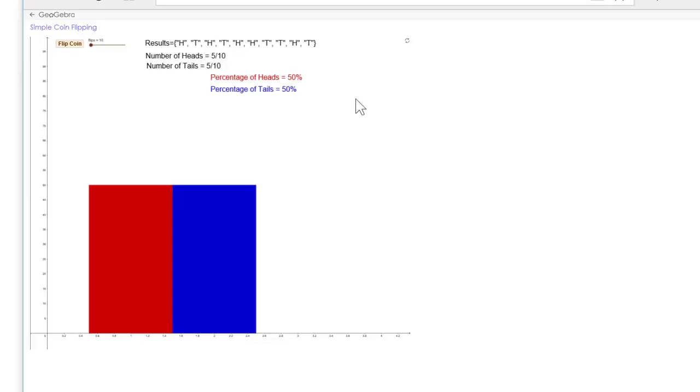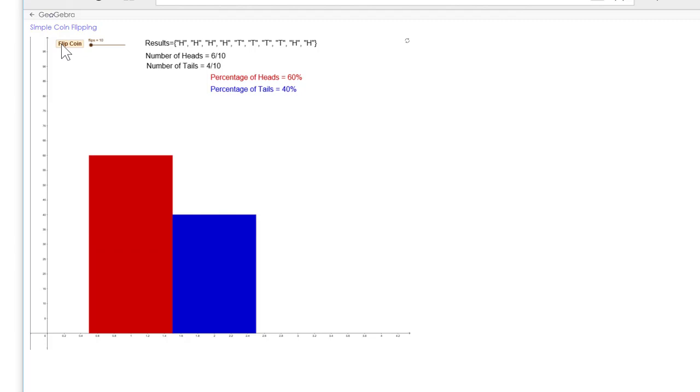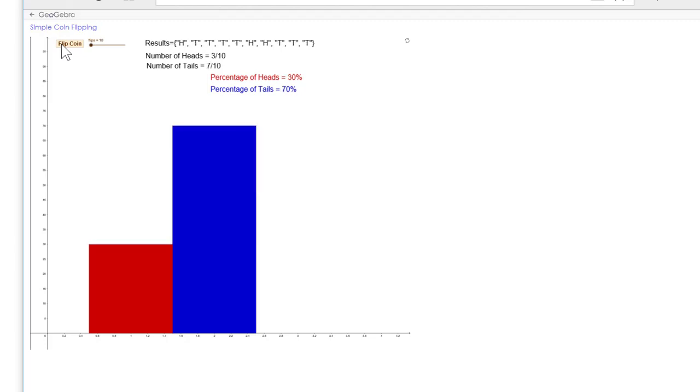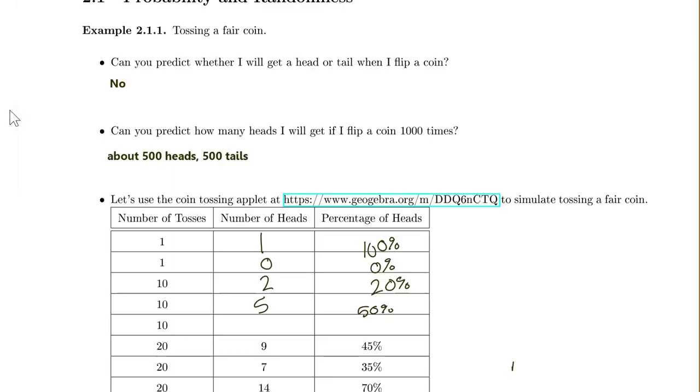And one more time. Once again, we got 5 heads. But if I tried again, I might get 3 heads for 30%, or 4 heads, or 6 heads. Notice it still seems to be changing quite a bit. This one, I had 7 heads, so 70%.